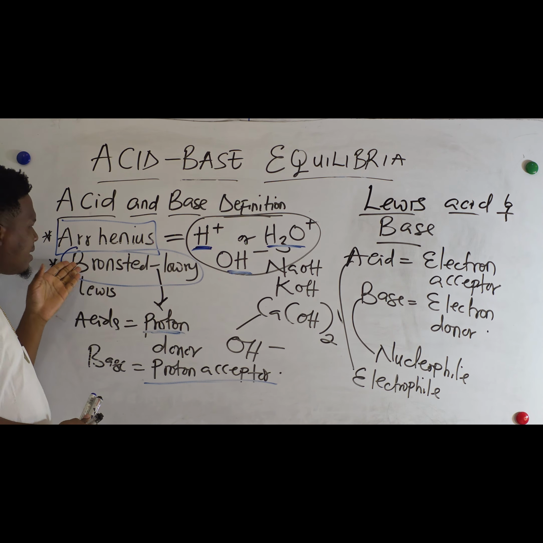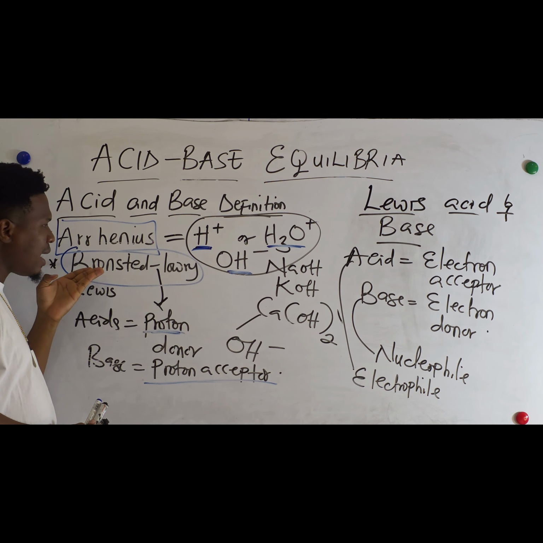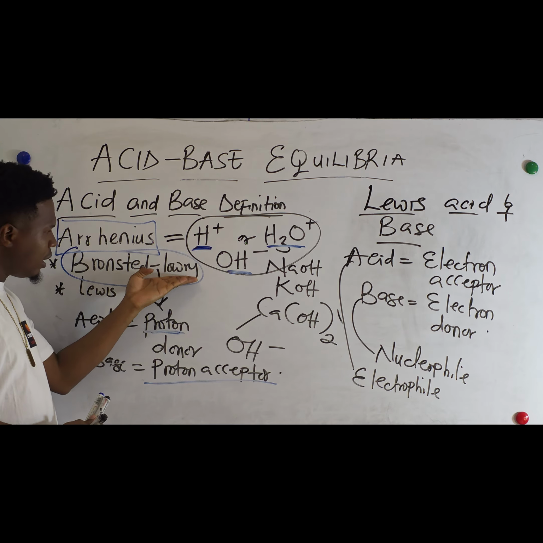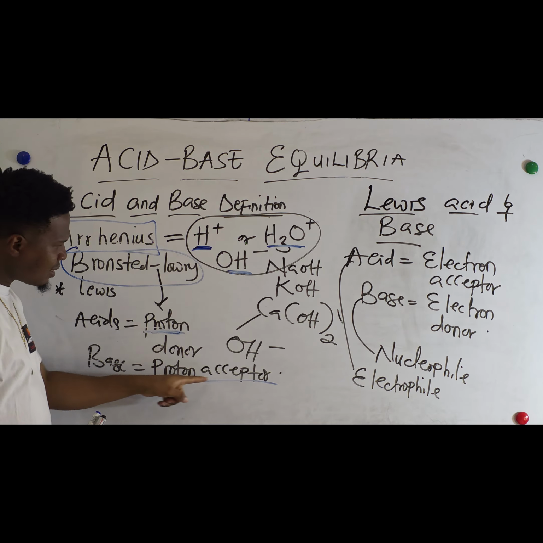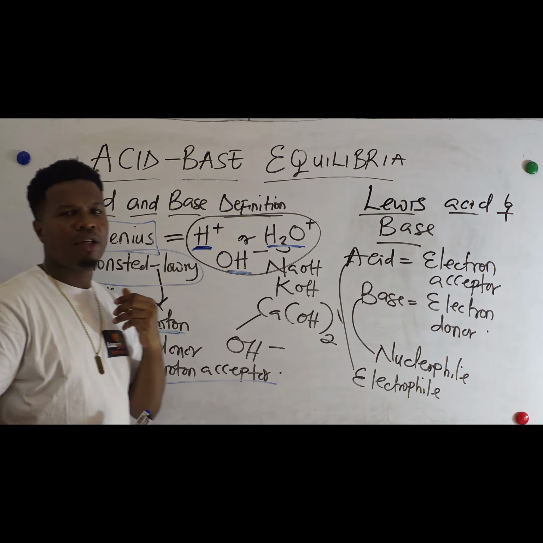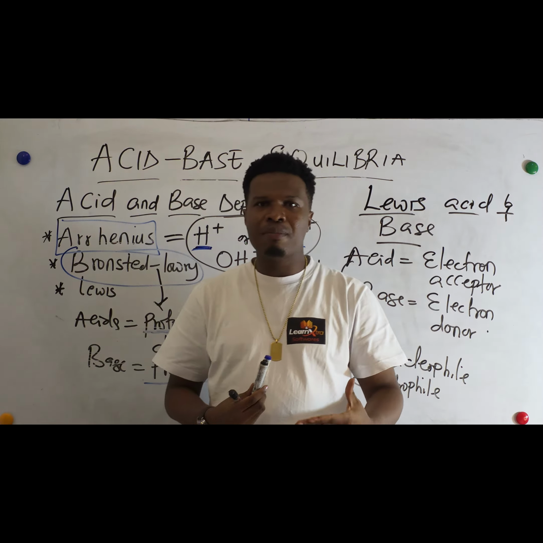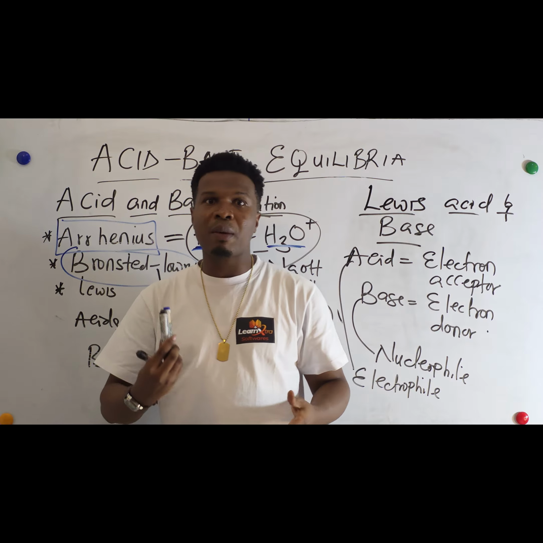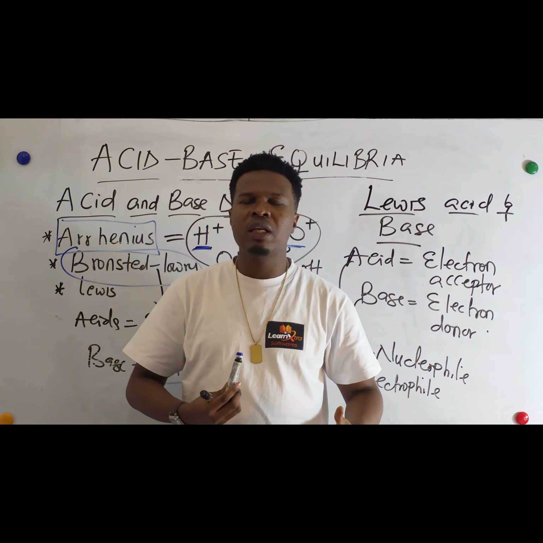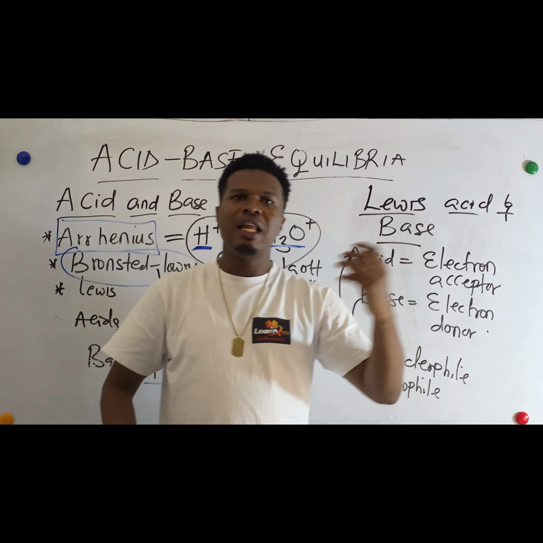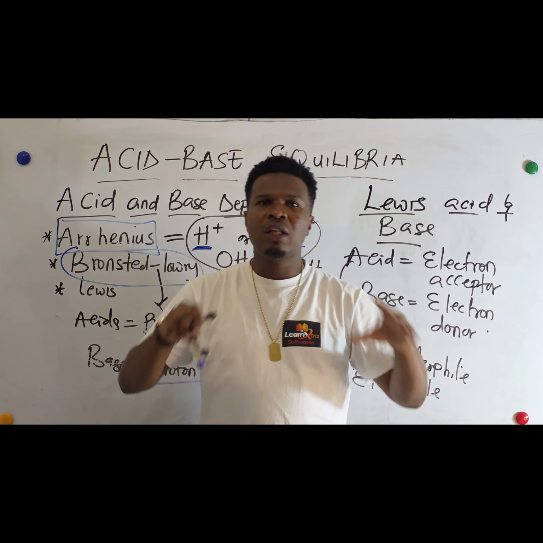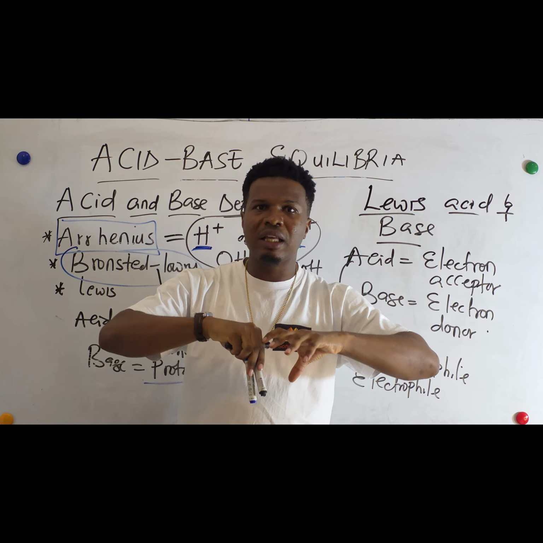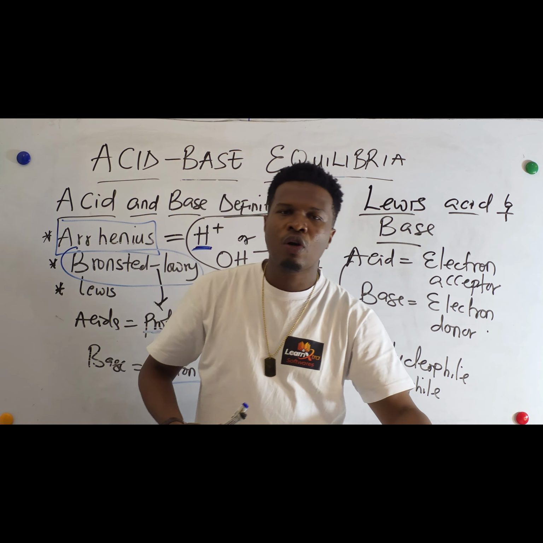The last is the Bronsted and Lowry theory: proton donors are called acids, while proton acceptors are called bases. You have to understand these definitions and be able to defend yourself at every point if you are asked to differentiate between a Bronsted acid and a Lewis acid, or an Arrhenius acid and a Bronsted acid. The definition lies in what they produce, what they accept, or what they donate.